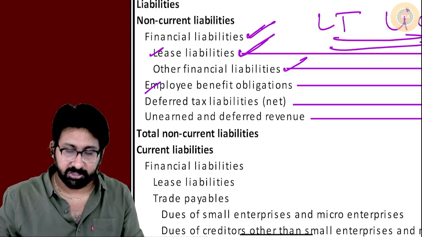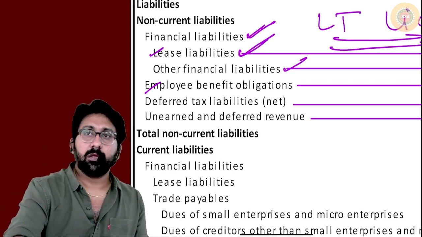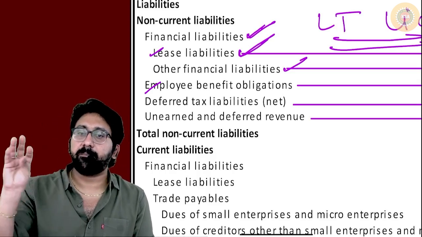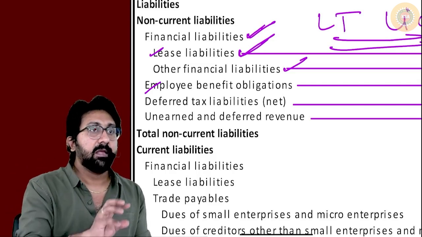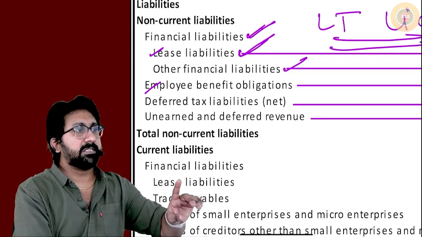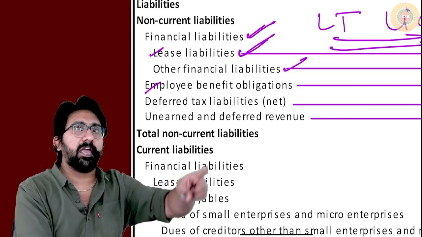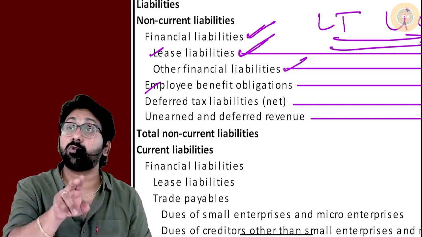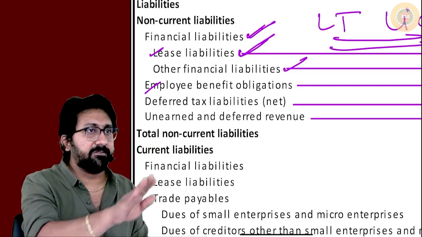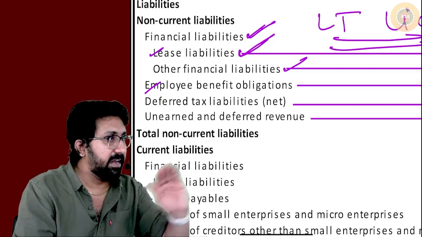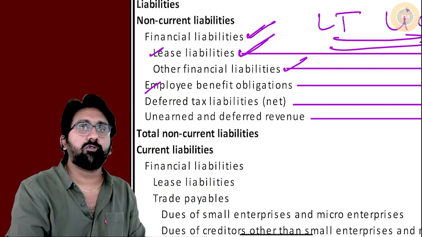Listen carefully, I will ask a question. For employee benefits we keep an amount aside. I have to pay some amount in future. For example, she is an employee who worked with me for some years. One day she will leave, and on that day I have to pay her gratuity.